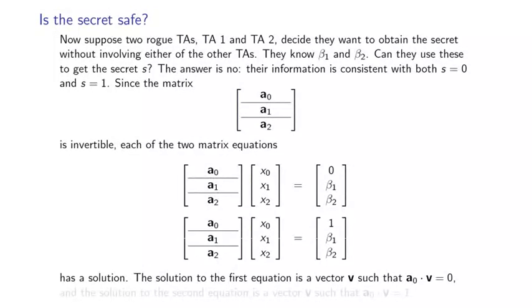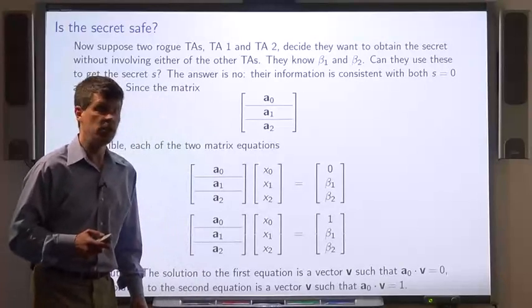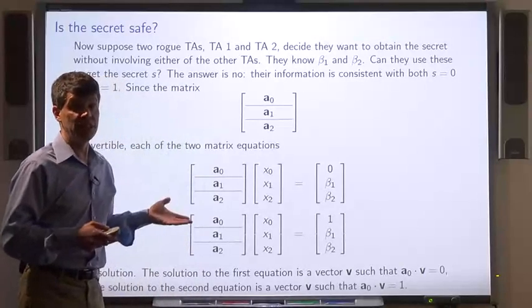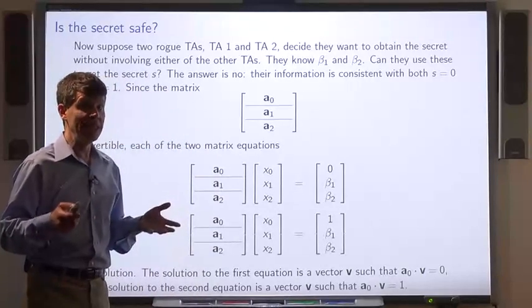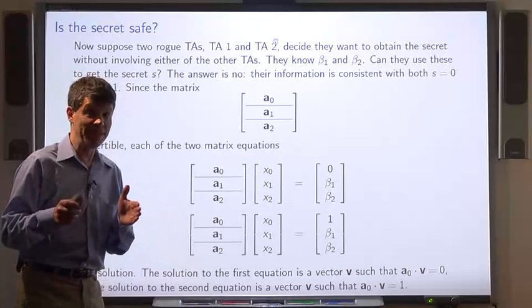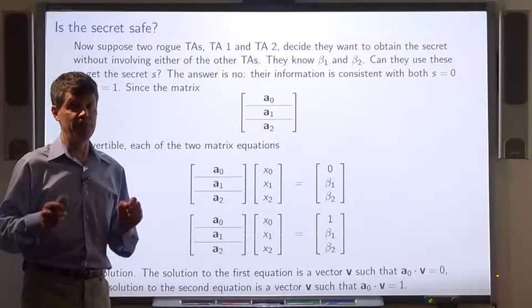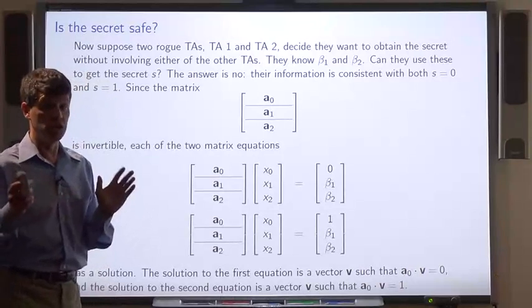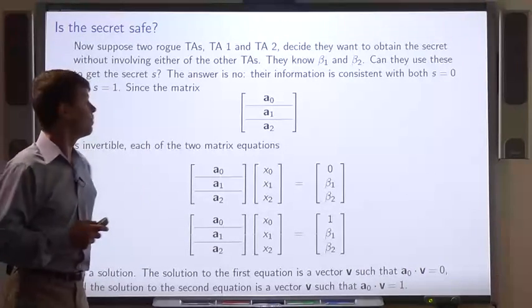The solution to the first equation is a vector v such that the dot product of A0 with v is 0. And the solution to the second equation is a vector v such that the dot product of A0 with v is 1. So the information that the 2 TAs have alone is consistent with the secret bit being 0 and with the secret bit being 1. So they don't learn the value of the secret bit.